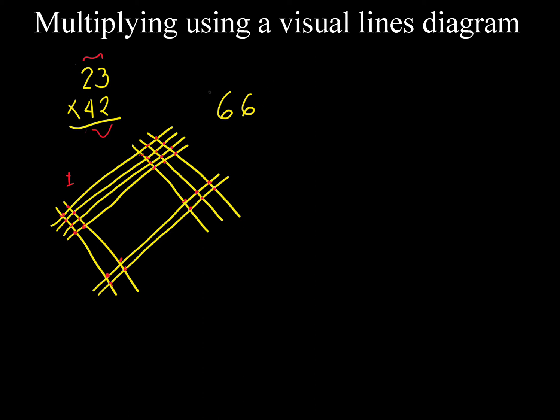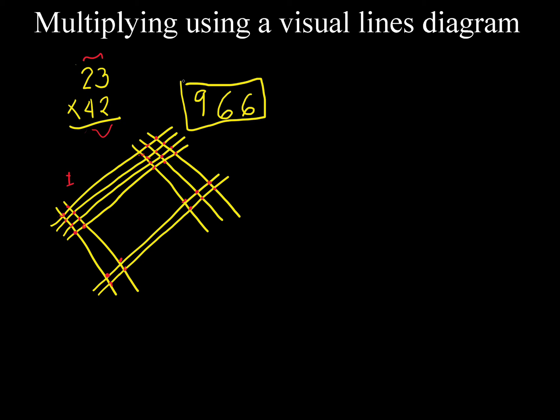So we're now going to write down our last number as 9. Your final answer will give us an answer of 966. Easy, right?